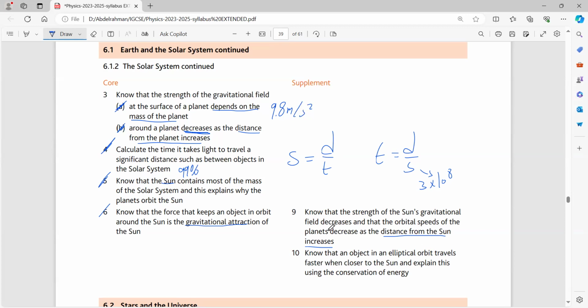That means the gravitational field on Mercury due to the sun is much stronger than the gravitational field on Earth due to the sun, which is greater than the gravitational field on, let's say, Neptune due to the sun. Why? Because Neptune is very far away. Neptune is pulled towards the sun, yes, but with much less force, because its distance from the sun is much greater.